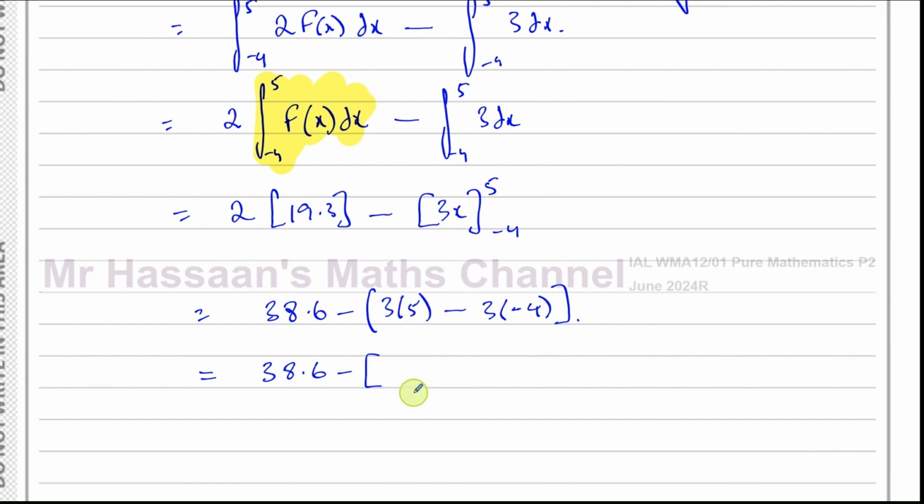So you have 3 times 5, which is 15, and minus 3 times minus 4, which is plus 12. So you end up with 38.6 minus 27, which is going to give you, I think that's 11.6. Okay, we can check that, make sure.